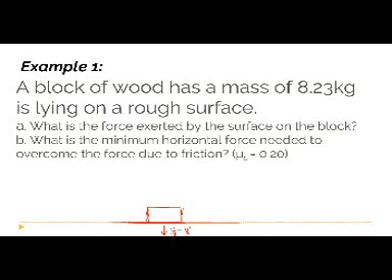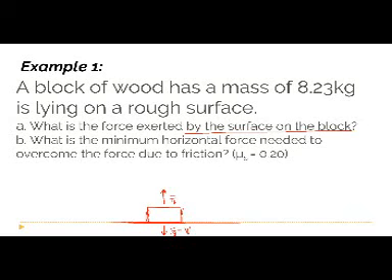Since we have a force due to gravity, we also have an equal and opposite reaction by the surface on the block. That is the force exerted by the surface on the block, and that is the normal force. Take note, the normal force is perpendicular to the surface.